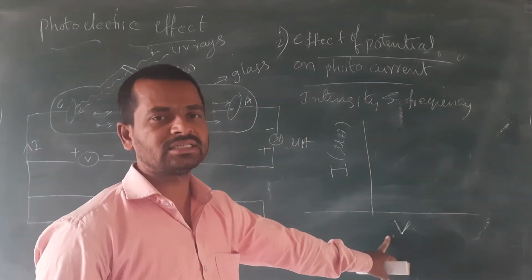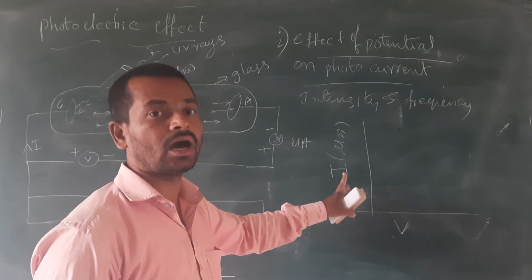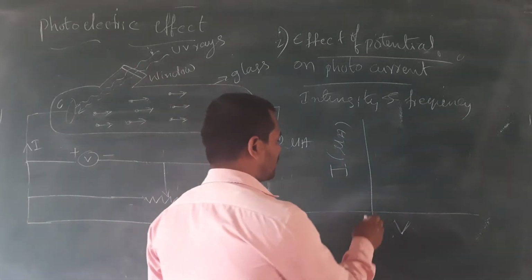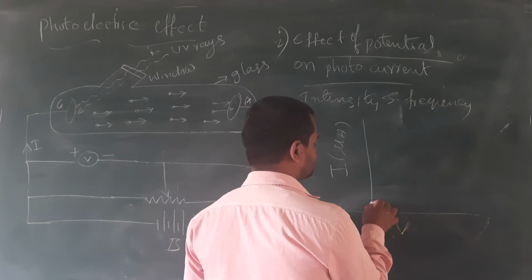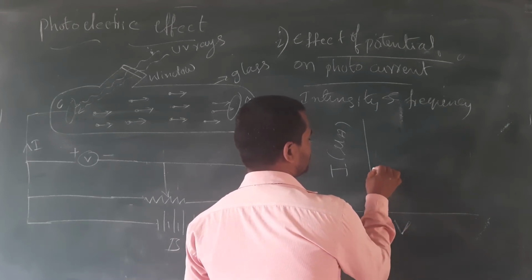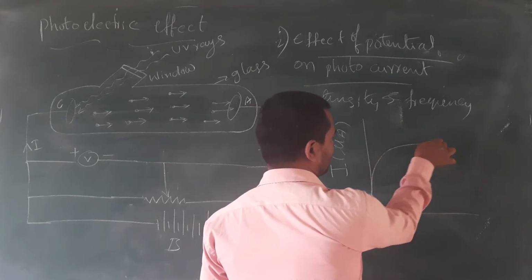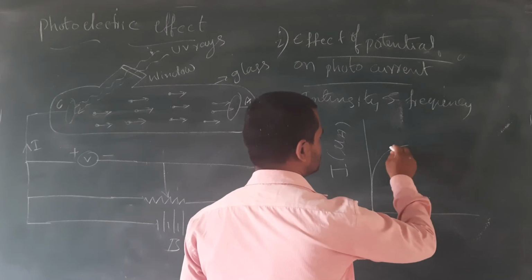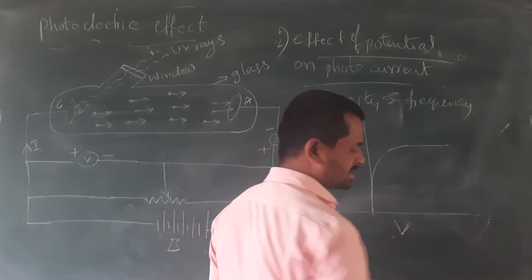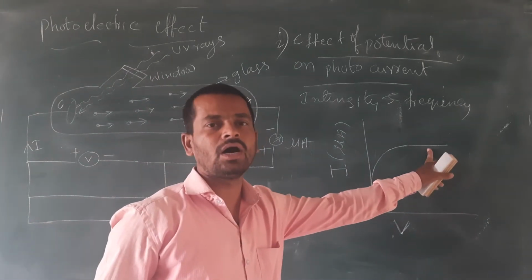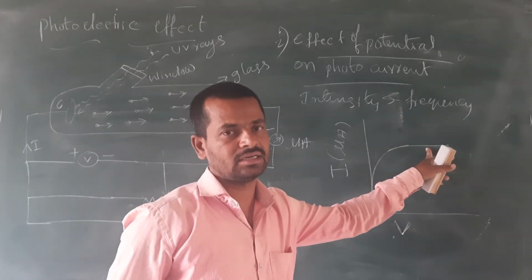If we increase the potential, the current at the beginning increases suddenly, and if we increase the potential again, it increases like this, and after a certain time it shows a constant current. This constant maximum current is called saturation current, right?